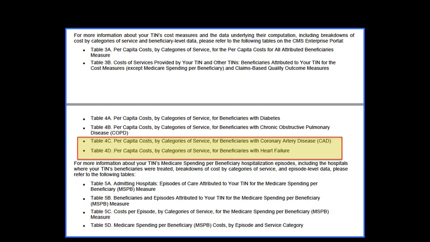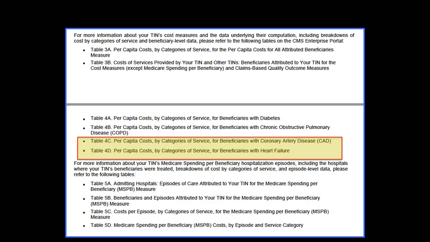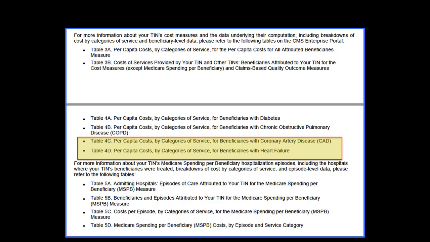So as we're looking at costs across the tax ID number, I want to call your attention to two specific areas that I think are particularly relevant to us as cardiovascular providers. They're the per capita costs for beneficiaries with coronary artery disease and those with heart failure.